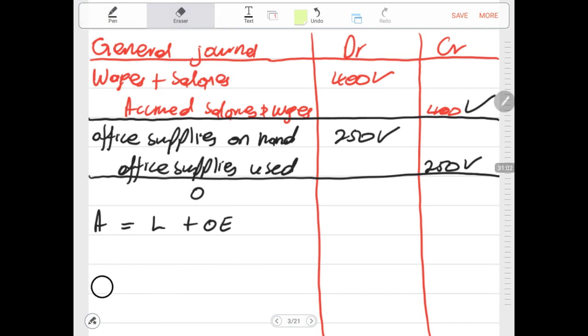Now let me come to the second adjustment again. Second adjustment, we have office supplies, and in this case office supplies is an asset. In this case it will be a bit different. It is difficult to record this in the accounting equation because there would have been a column provided that will be reducing our office supplies.